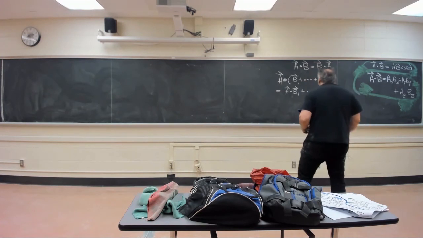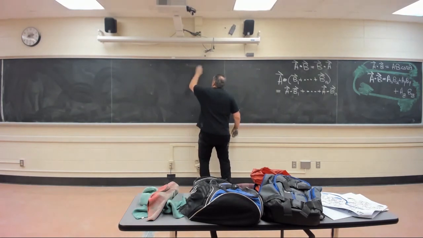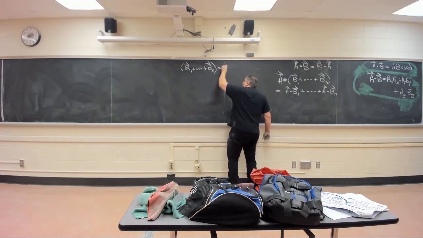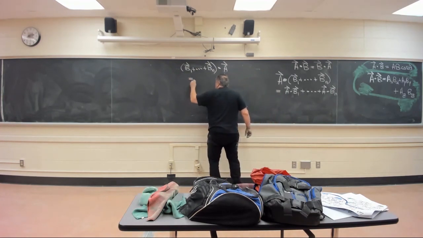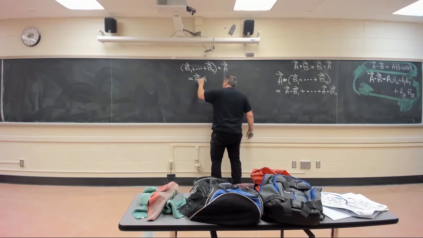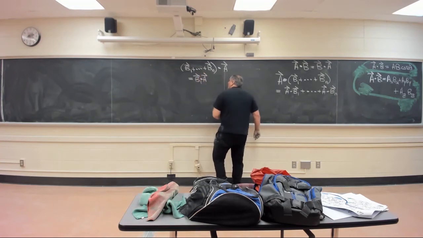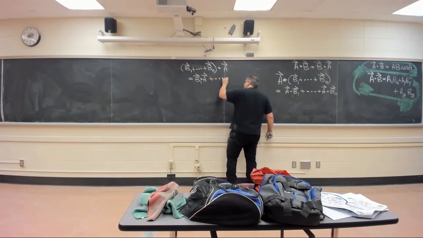And we also said, and I'll organize these, if you had on the other side of this thing, that's equal to B1 vector dot A vector, plus dot, dot, dot.